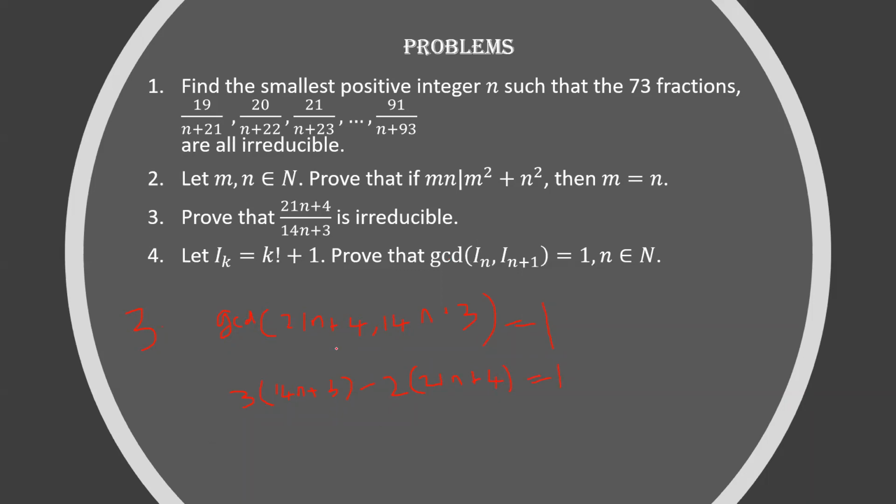Now let this term be a, this term be b, and then let 3 equal to x, and minus 2 is equal to y. It means that ax plus by is equal to 1.